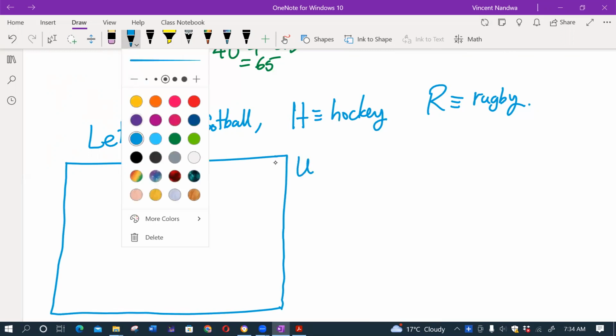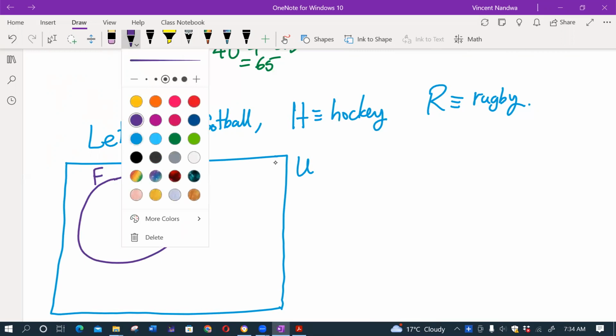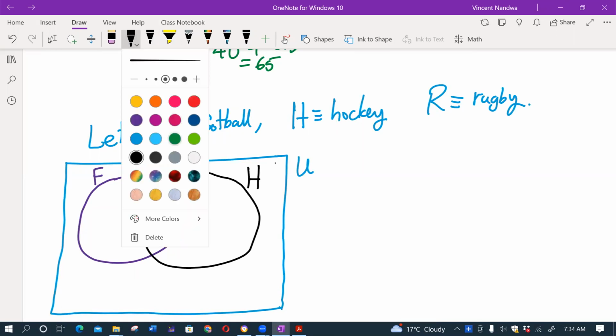So this is the universal set. And then let this be the set of those who play football. Let this be those who play hockey.